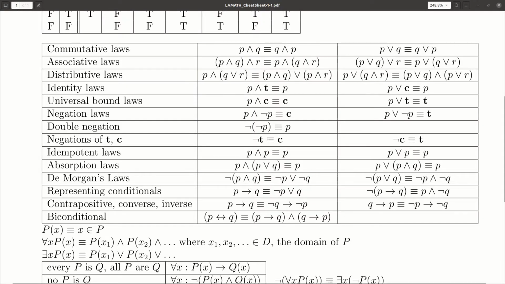So here they are, the names and the corresponding laws. Whenever you see one side, you can replace it with the other side. And these are the names that you need to put for each step where you use it. So it's clear what happened. It's very important to apply just one law at a time.